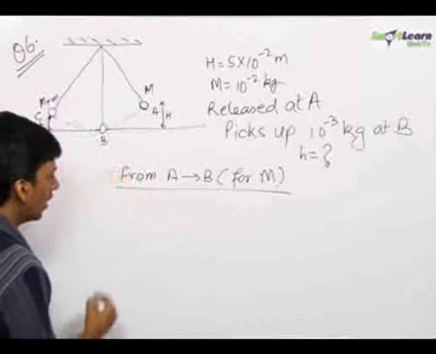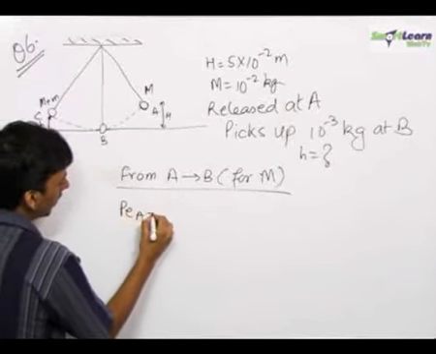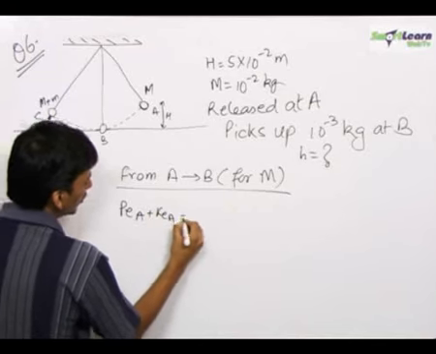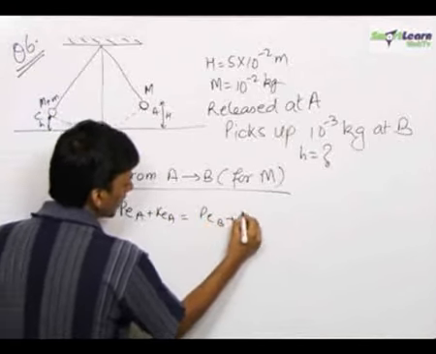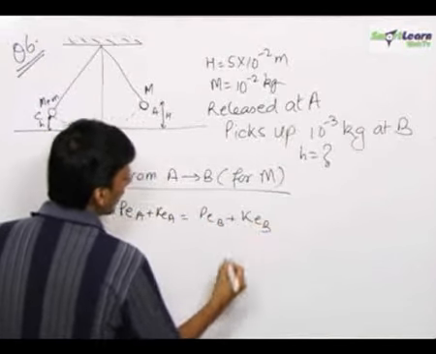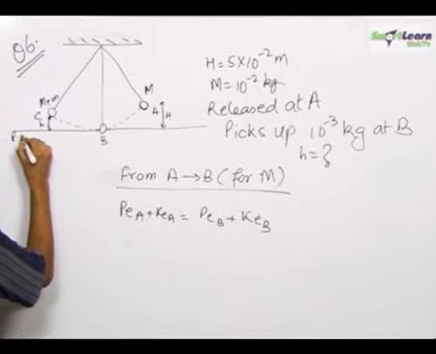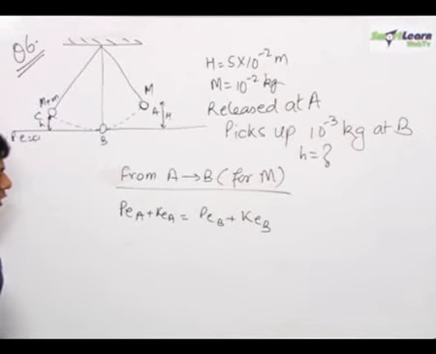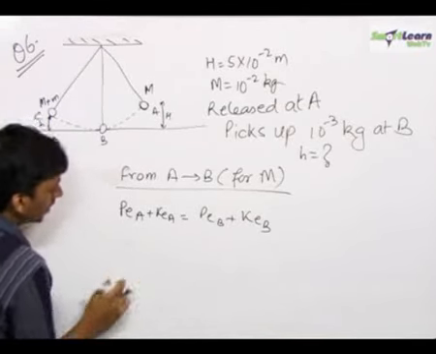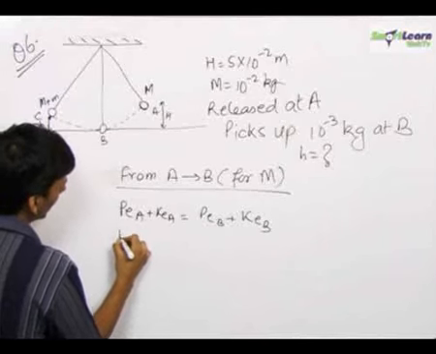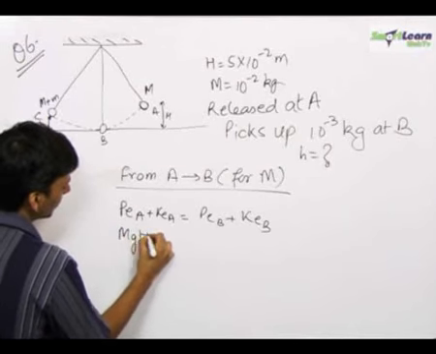account. Therefore, potential energy at A plus kinetic energy at A is equal to potential energy at B plus kinetic energy at B. Let us take potential energy equal to 0 at the level of B, for simplicity. Therefore, potential energy at A is equal to mgh.